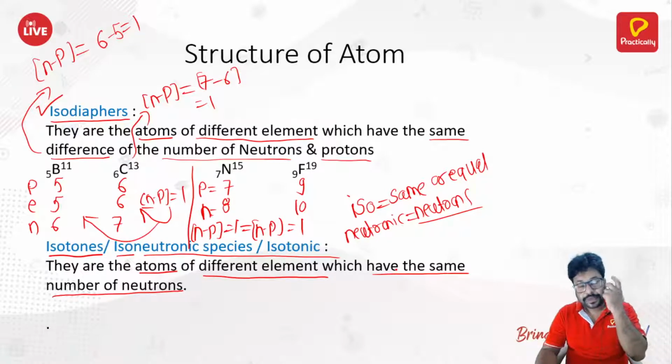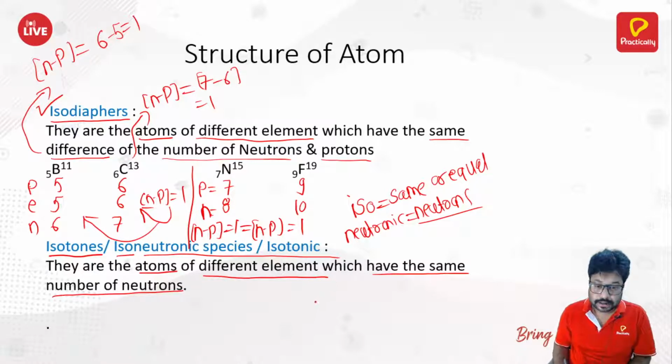Let me give you an example for that. See, the different isotopes of carbon: C-14 with atomic number 6, nitrogen-15 with atomic number 7. Now, the number of neutrons for carbon is how many? 14 minus 6, 8.